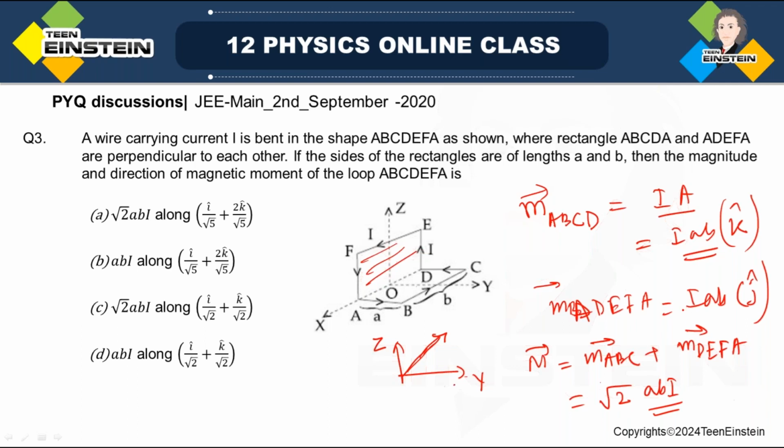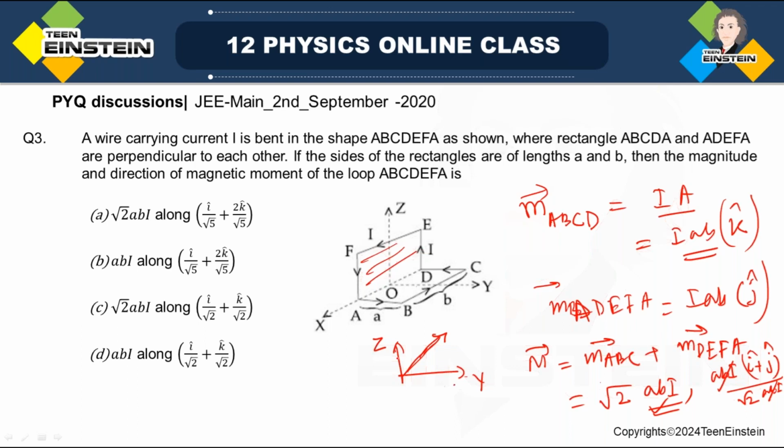And what will be the direction? I have to write IAB times (j cap plus k cap), the vector, divided by its magnitude, root 2 IAB. The IAB cancels out, so the direction is (j cap plus k cap) by root 2.